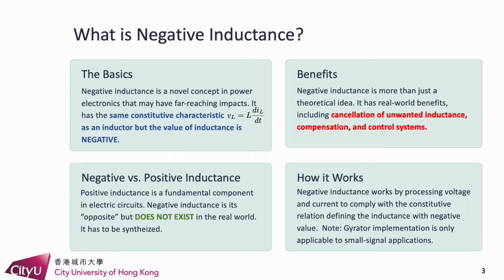And you may wonder how a negative inductance can be constructed, and I'll explain in this talk. We'll be using power converters to design a device that can mimic negative inductance, and the system also requires quite careful application of control so as to make the current and voltage comply with the expected constitutive relations.